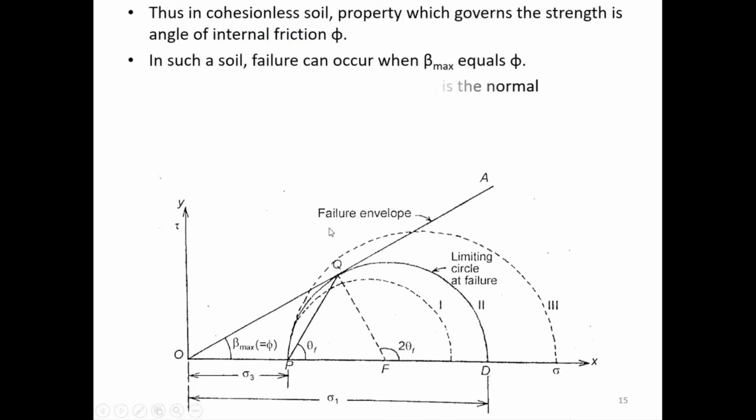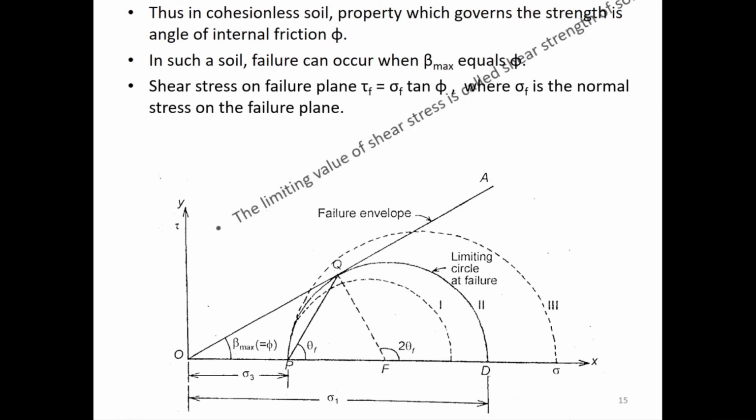if you are considering a cohesionless soil, a sandy soil, let us say you are considering sandy soil, then this beta max will be equal to phi, which I call the angle of internal friction, which is one of the strength criteria for soil.